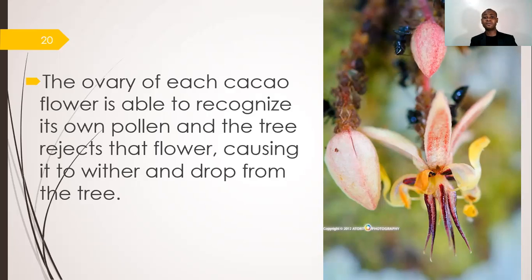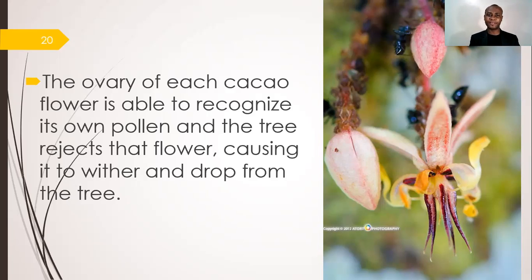So what that means is that the physiology of the tree is such that if ever the pollen from a flower falls on the style of the same flower or another flower on the same tree, the tree is able to know that this pollen is my own pollen.